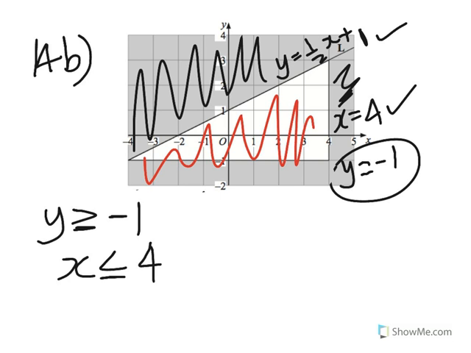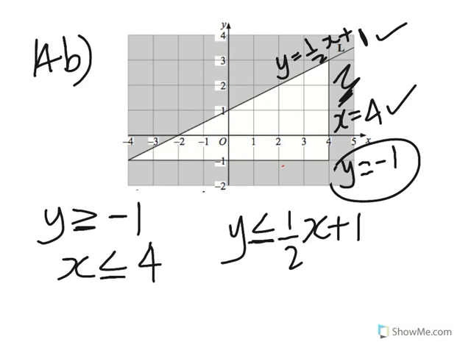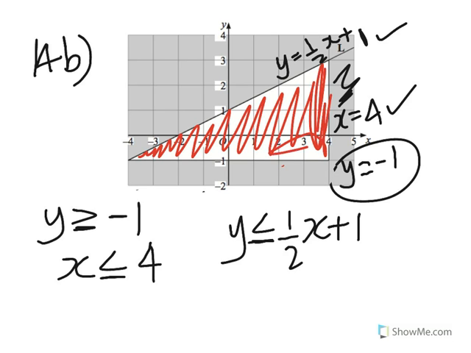So we want y less than or equal to half x plus 1, and it's also less than or equal to because of the solid line. And so basically what we're doing is reducing the part which we want to only this part.